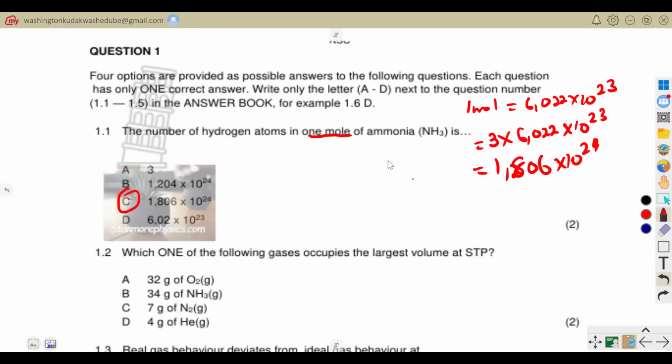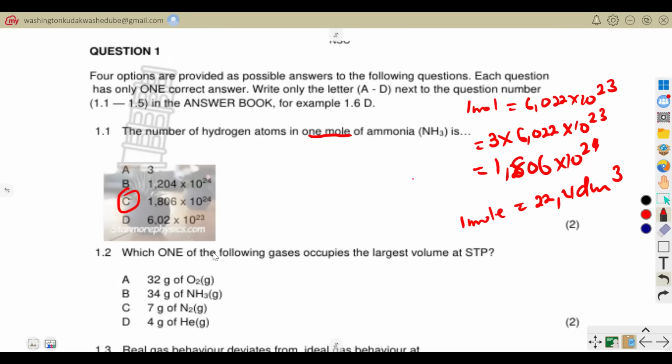Now we are saying which one of the following gases occupies the largest volume at standard temperature and pressure. You would know that at standard temperature and pressure, the volume occupied by 1 mole would be 22.4 decimeter cubed. That is to say, each and every mole of a gas will occupy the same amount of volume.